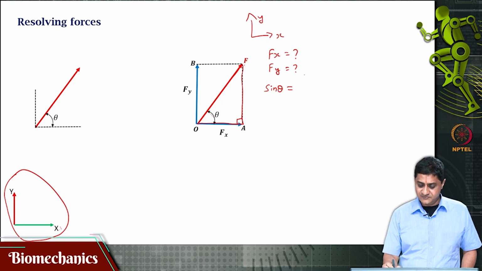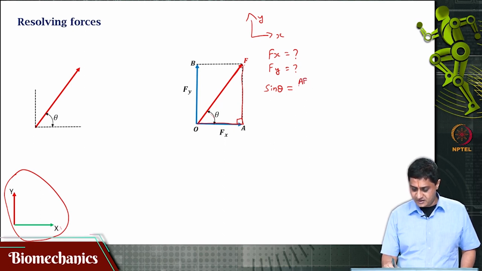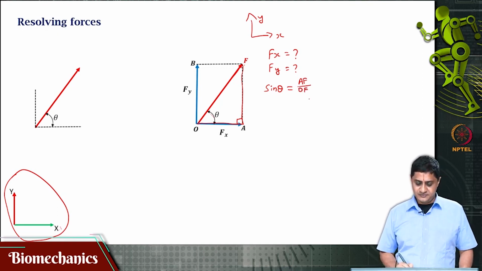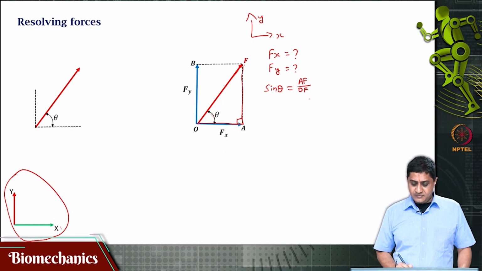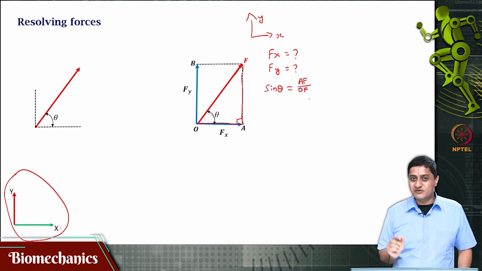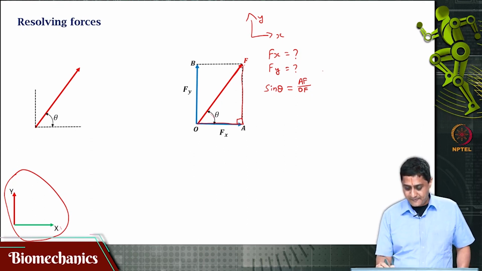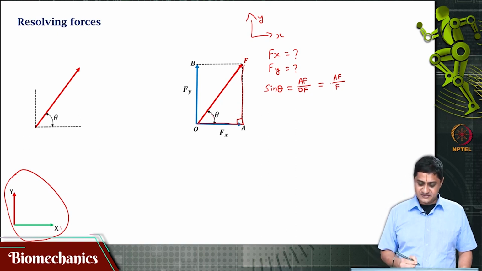Since this is theta, sin theta is AF divided by OF. OF is the hypotenuse, and we know the value of OF, that is the magnitude of the force F. So sin theta is AF by F.